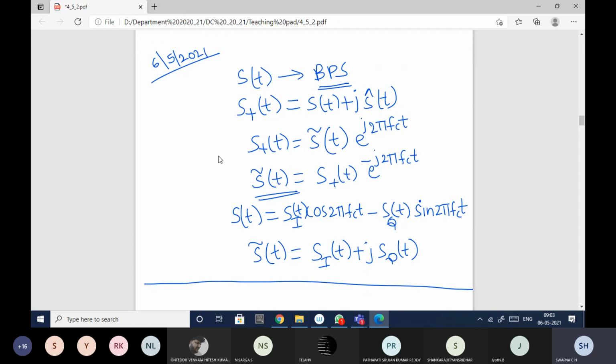Why we are using the complex envelope, I've already explained. The signal is surrounded with fc, so the carrier frequency should not be there, in order to analyze the signal properly. So in order to do that, we are taking the complex envelope. This is all we have seen.